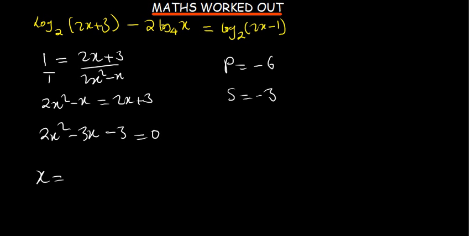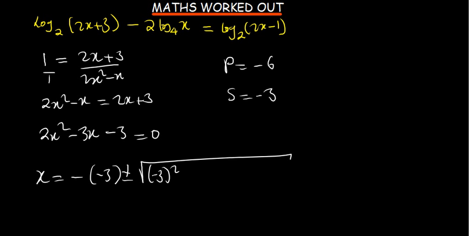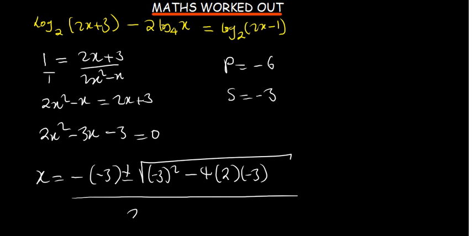x is going to be equal to negative b, which is negative 3, plus or minus square root of b squared minus 4ac, over 2a. And this simplifies to x being equal to 3 plus or minus, inside 3 squared is a 9, 4 times 2, that's 8, times 3 is a 24, so that we've got 9 plus 24.